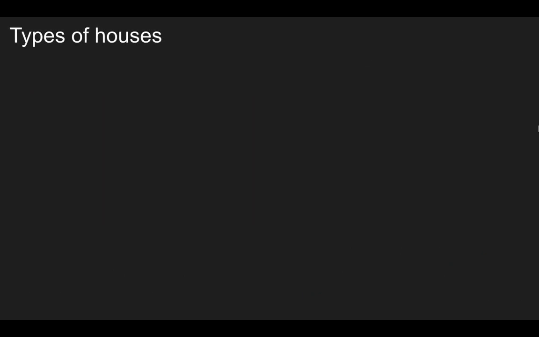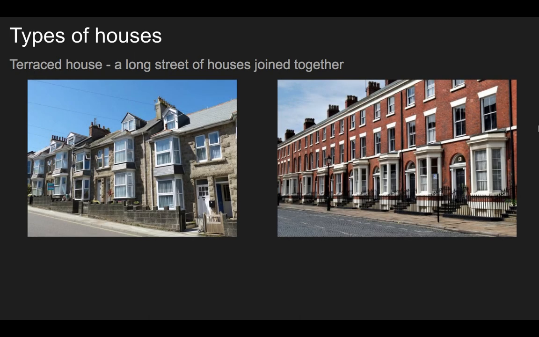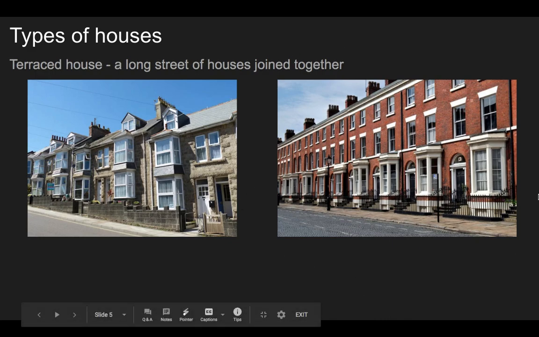Okay, and the last type of house is the terraced house. A terrace is a long street, a long row of houses that are all joined together. So you can see here we have 1, 2, 3, 4, 5, 6, 7, 8, 9, just in this photo, 10 houses.